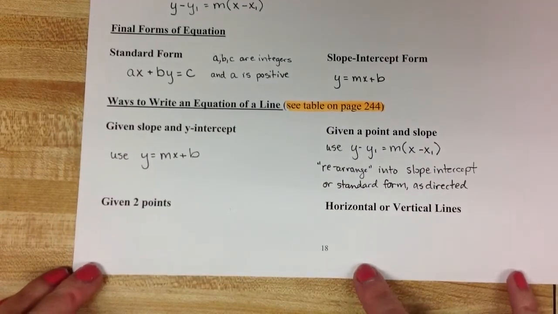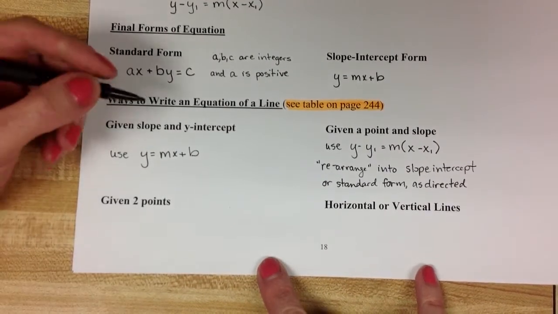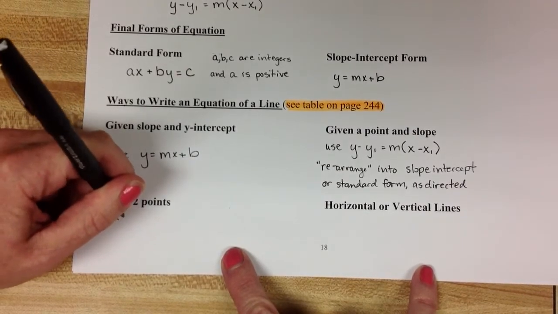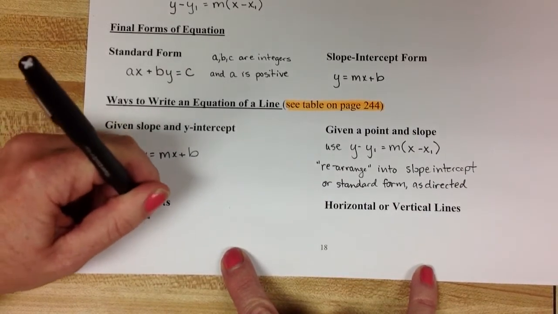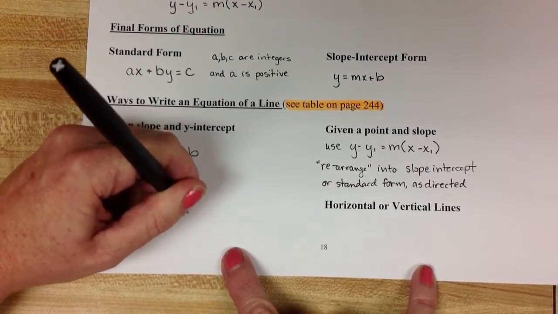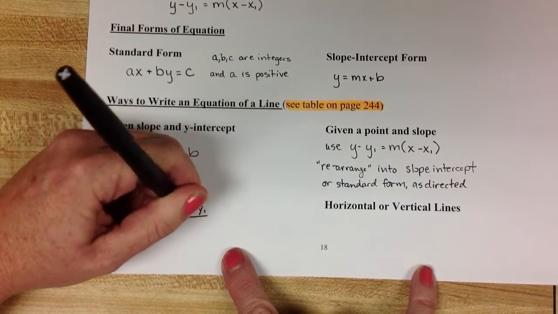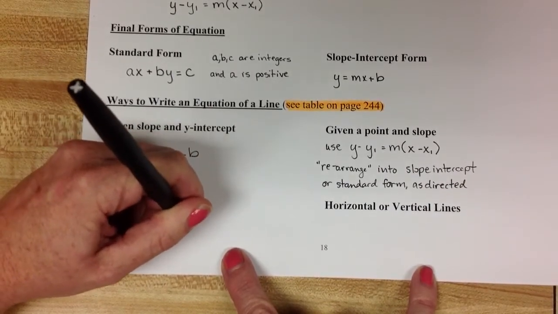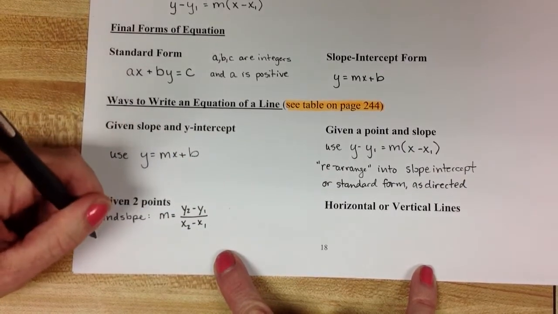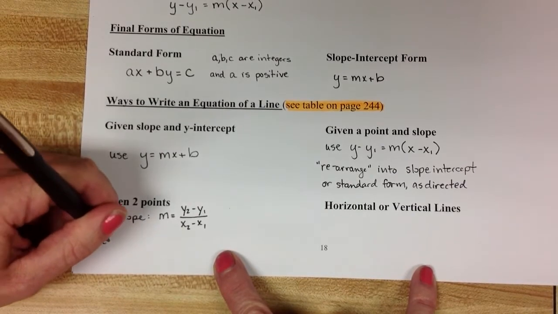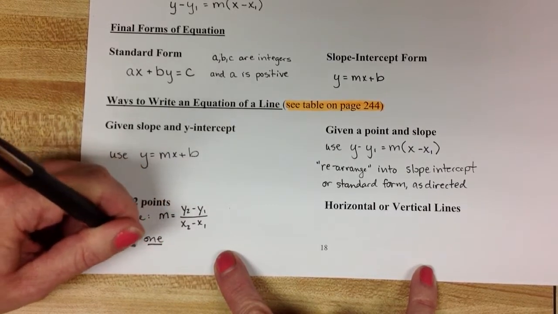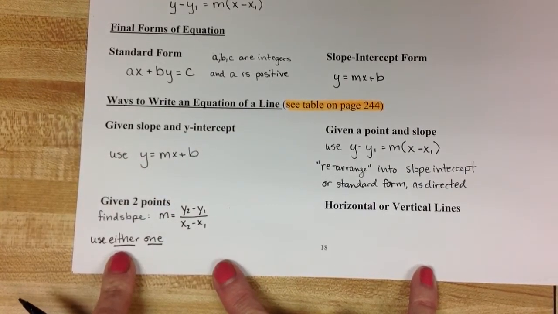If they give you 2 points, we're actually going to have to take several steps to do this. You're going to start by finding the slope, and if you remember, the way we do that is that slope equals the change in y, so y2 minus y1, over the change in x, x2 minus x1. Then use either one of the 2 points, and this one is a tricky step. It's a place where I see most folks make their mistake if they're going to make one.